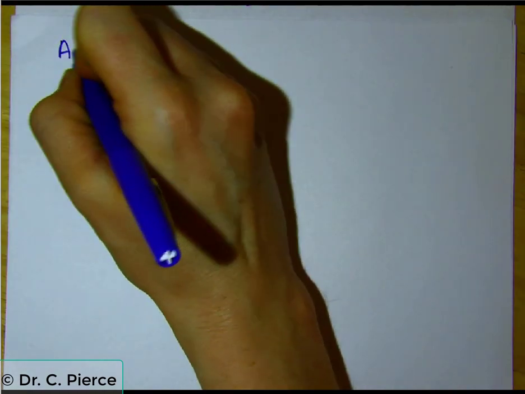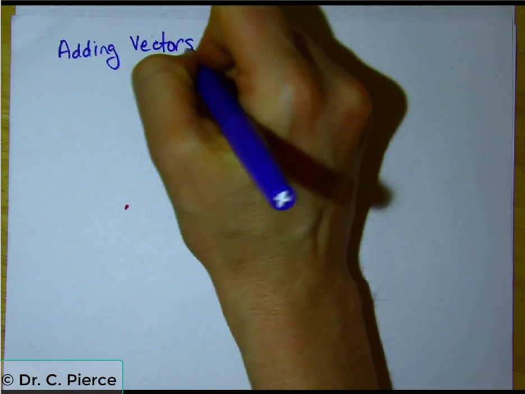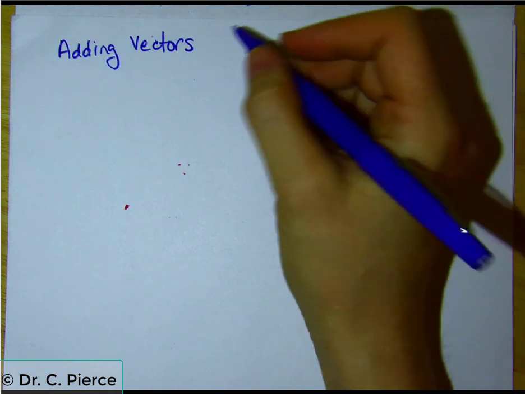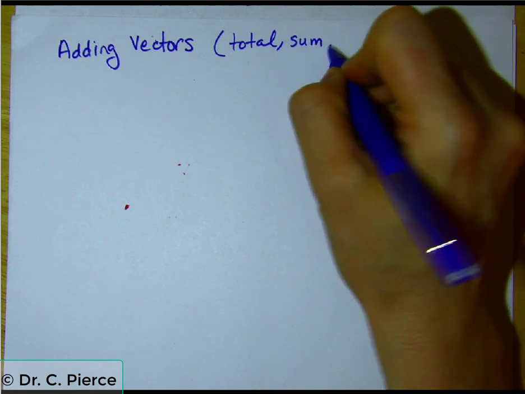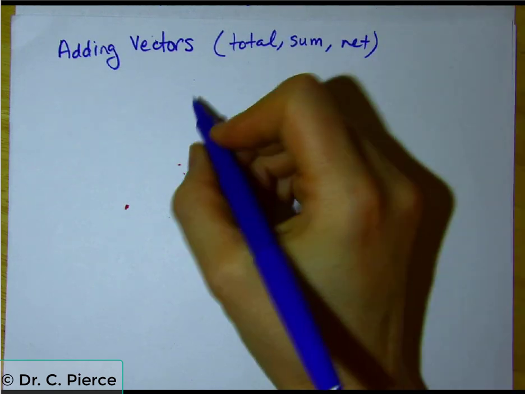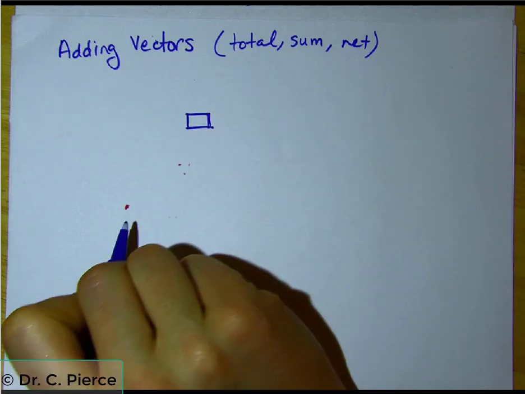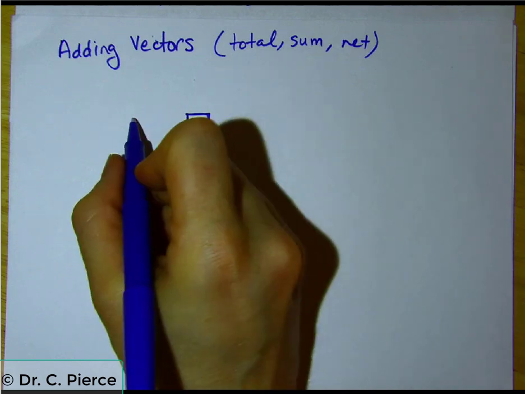So now let's do adding vectors. And usually when we do that, we could say we get the total, or the sum, or the net. So if we had an object, and let's say maybe that there are 3 things pushing on it.